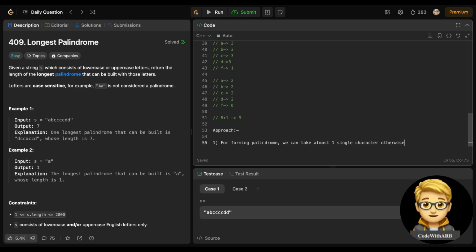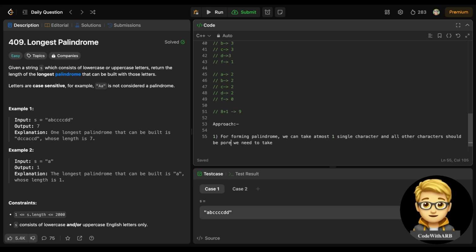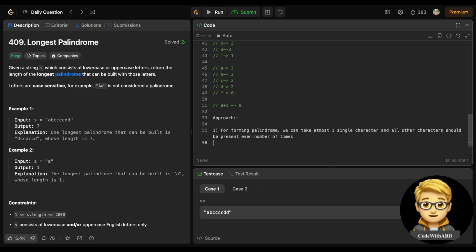Otherwise, all other characters should be present an even number of times, right? That's the first condition.